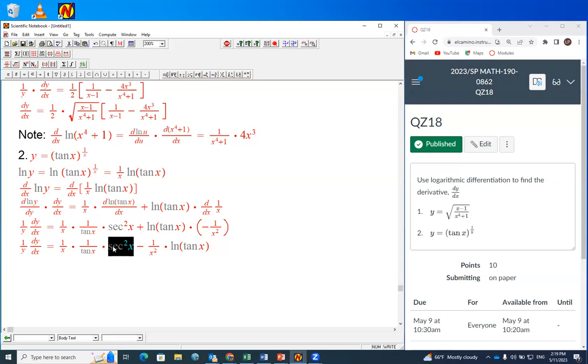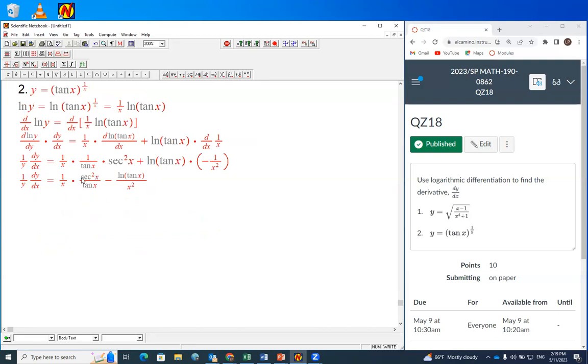You can bring secant squared to the numerator. This looks more compact, so we can put this piece on top of x squared. This is the compact form. If you want to reduce it, you certainly can.